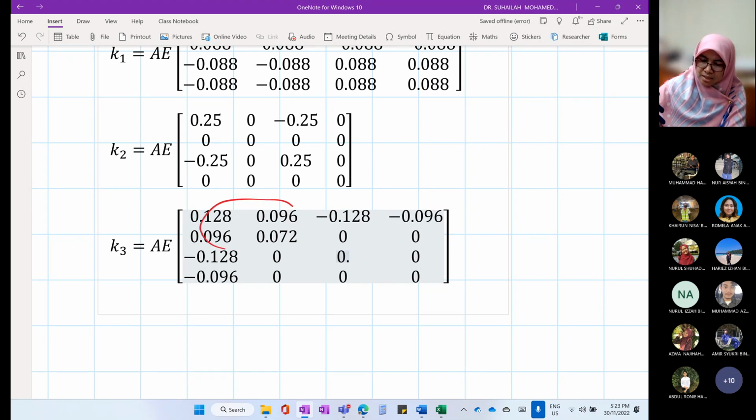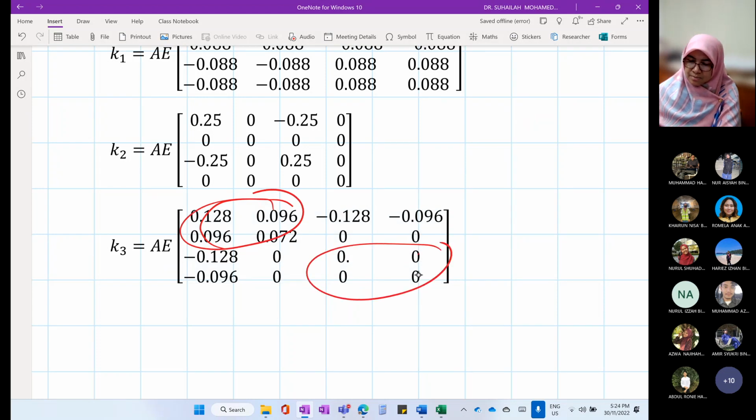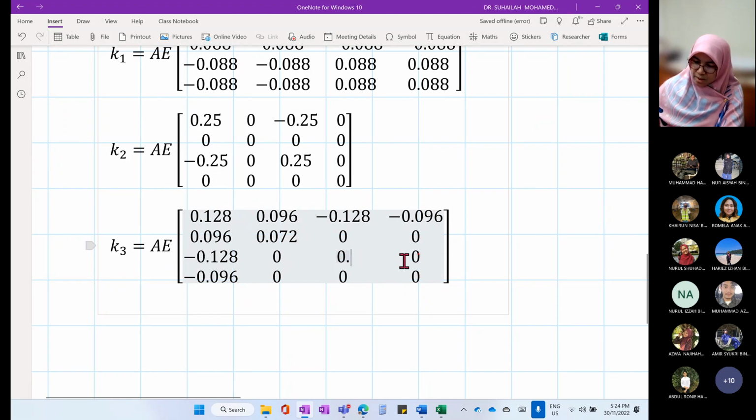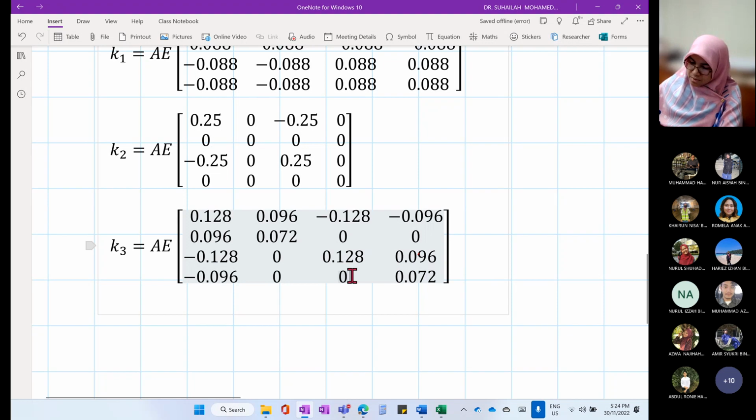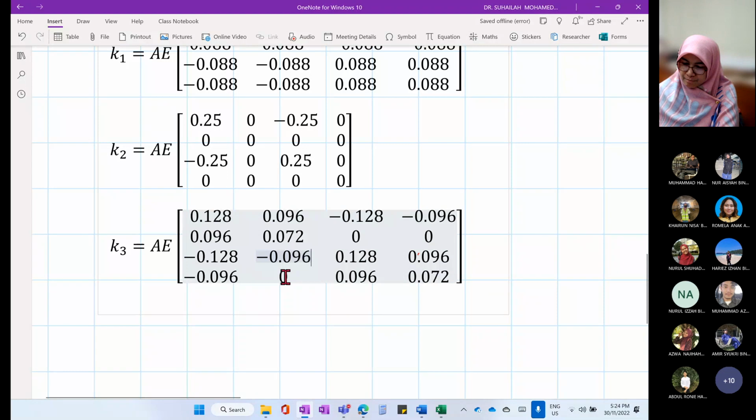These four values are equal with these values. So the entries are 0.128, 0.096, 0.072, 0.096, 0.096, 0.072, negative 0.096, and negative 0.072.